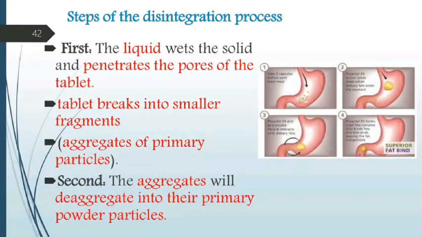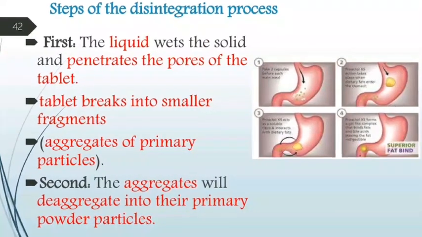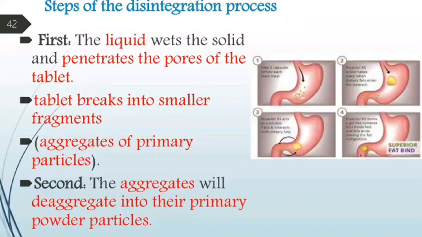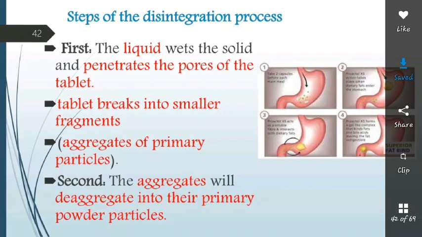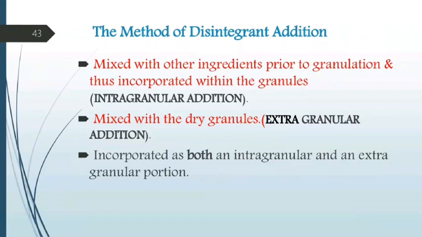Then the steps involved in disintegration, you can see from the gastrointestinal tract how the drug is absorbed from the tablet. Then you have the various methods of disintegrant action.